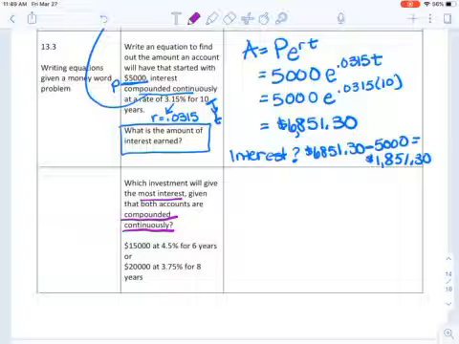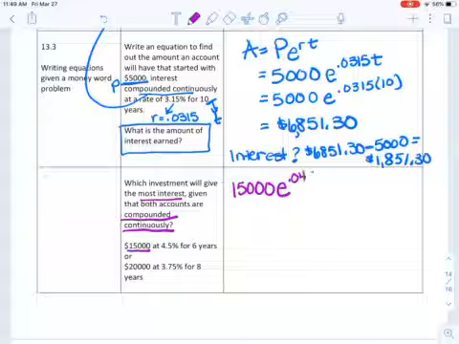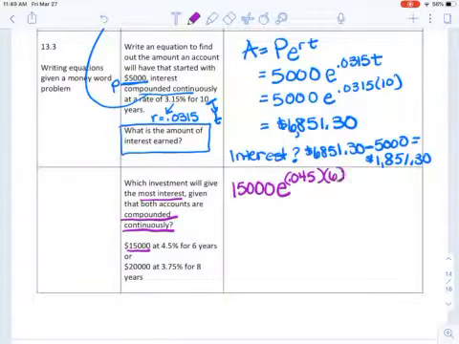For the first one, I'm going to say 15,000 times e to the 0.045 times 6. And that's going to equal $19,649.47.